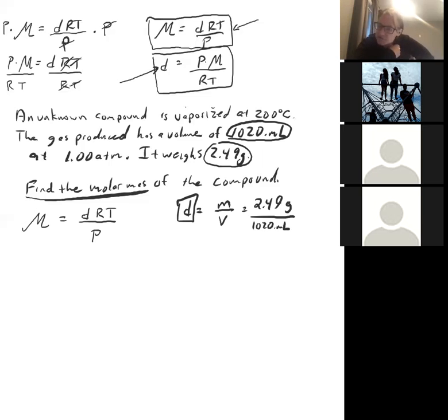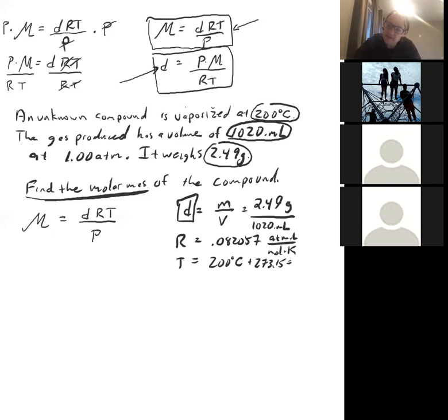R is a constant, so we know the value of R, 0.082057 atmosphere liters per mole Kelvin. So that's cool. Temperature, here we go, 200 degrees C. Now I'm actually going to go ahead and add 273.15 because we know that when we're dealing with gas law problems, we can't have it in Celsius.